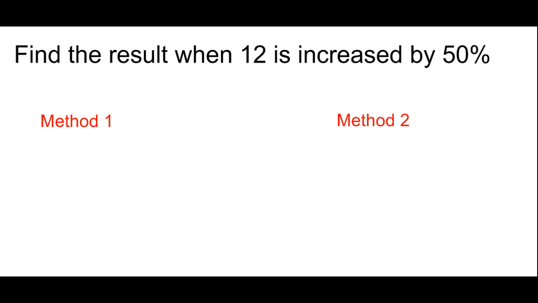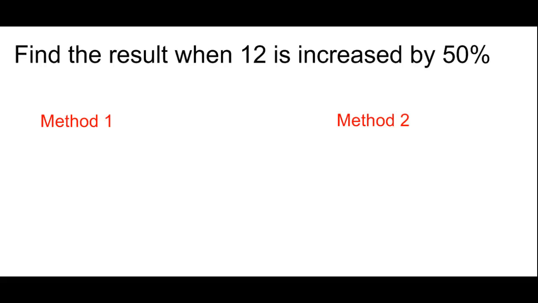All right? Now we're going to do the same stuff but a little bit differently. We're going to find the result, find the answer when 12 is increased by 50%. There's actually two methods to do this. One method would be to find out what is 50% of 12.